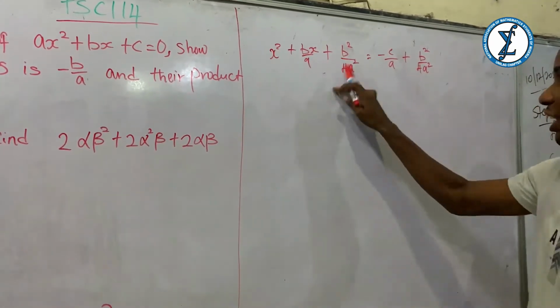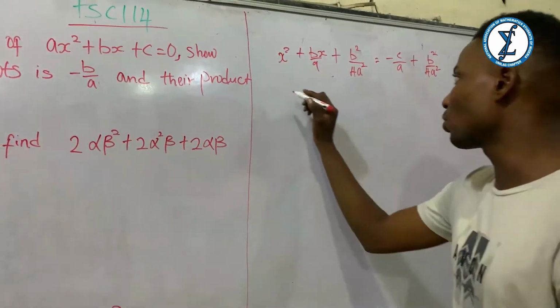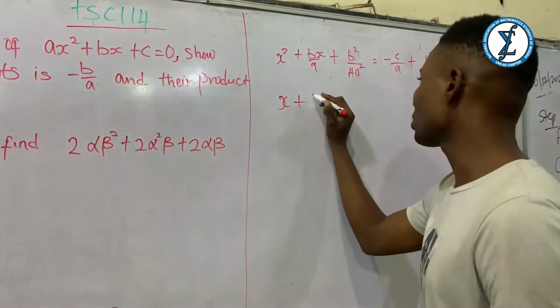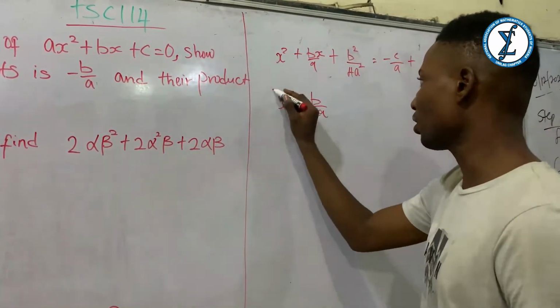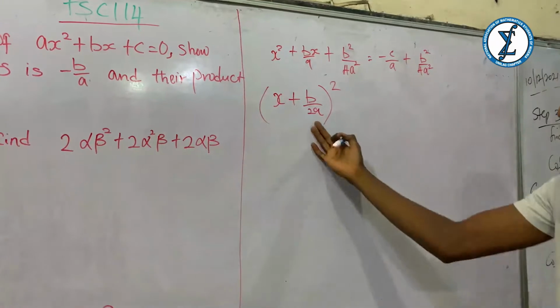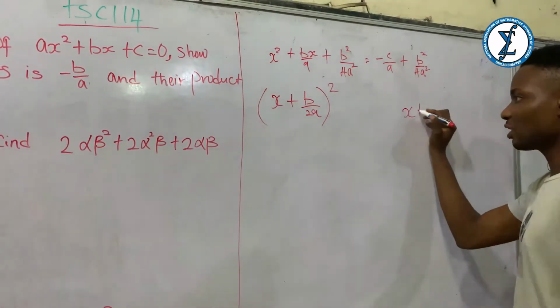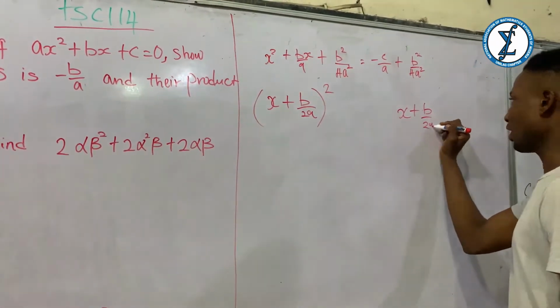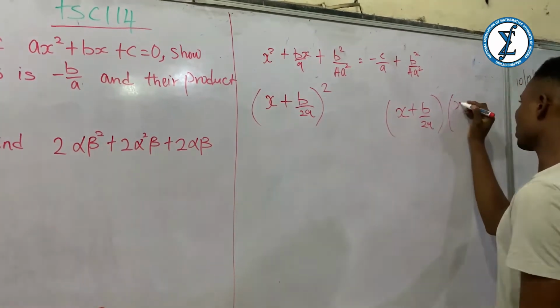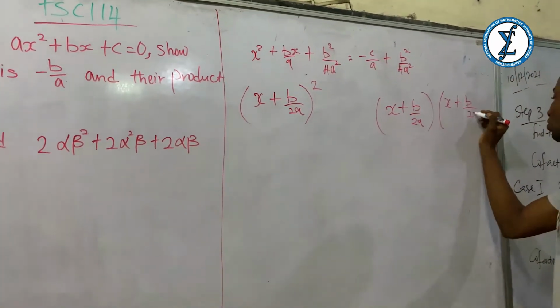But this expression here, if I resolve it, it will give me what? x plus b over 2a all squared. Don't believe me, let's quickly find out. x plus b over 2a, x plus b over 2a.